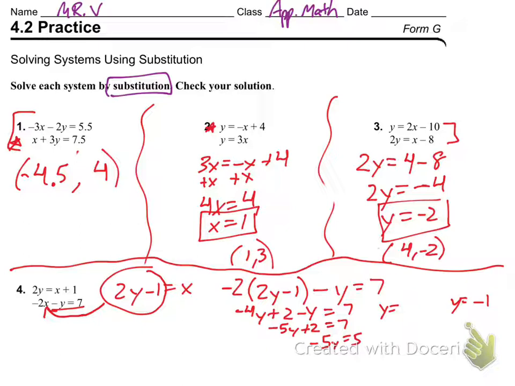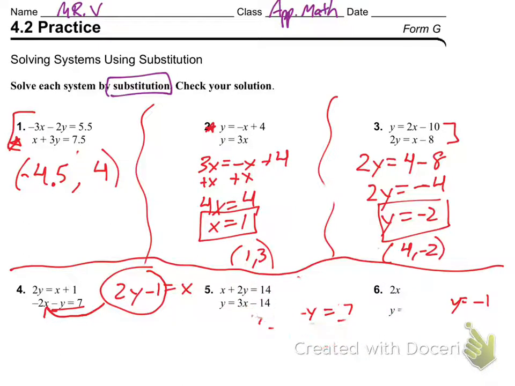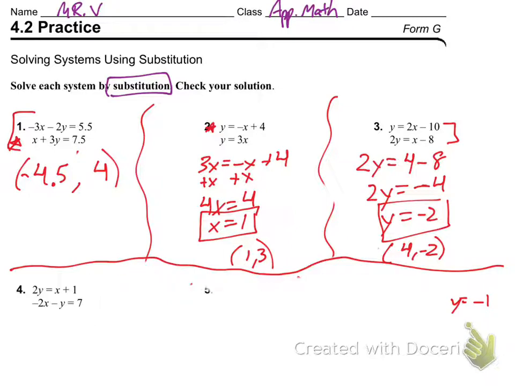Okay, so if y equals negative 1, then we just need to plug it back in and find the x. We can pick either one of these equations, whichever one's easier. I'll just go with the first one.